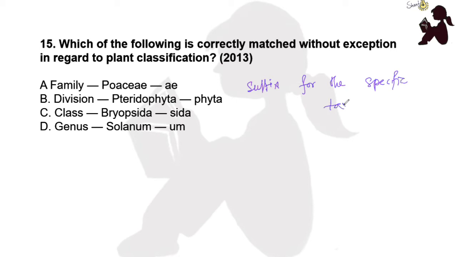Okay, so here the Solanum is not a specific suffix because genus has no specific suffix.